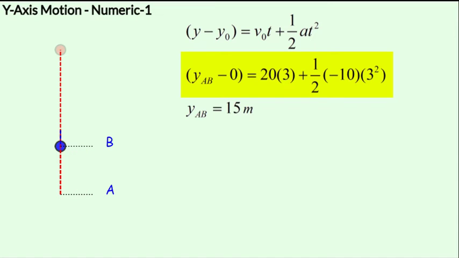The initial velocity is 20 meters per second as given, and the acceleration is in the negative direction, so it would be minus 10 meters per second squared. So ball B is thrown vertically upwards but is accelerating in the downward direction due to gravity. We are asked to find the separation in 3 seconds, so we are finding the displacement of ball B after 3 seconds, and we obtain that displacement as 15 meters.